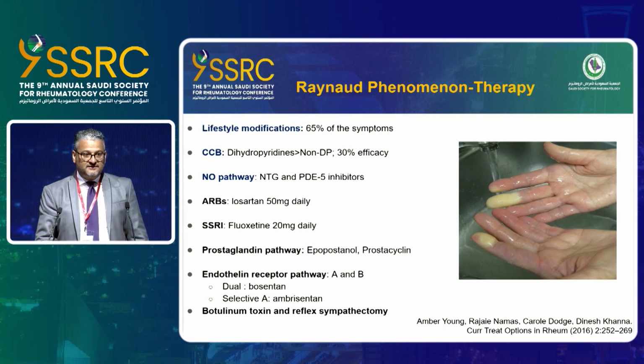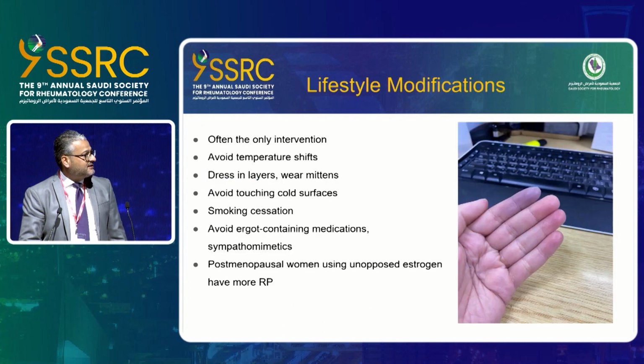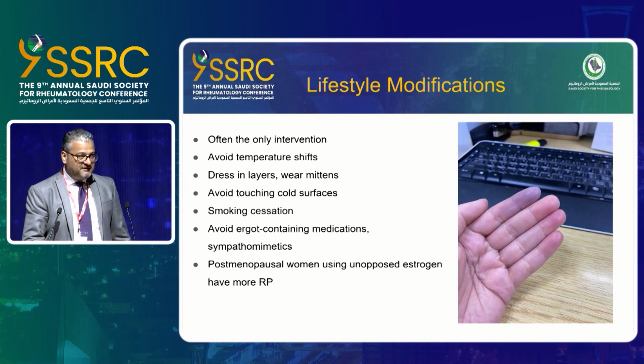I'm sure most of us use it, Flolan we call it, endothelin receptor antagonists, and finally botulinum toxin and reflex sympathectomy. Let's just briefly highlight each one.